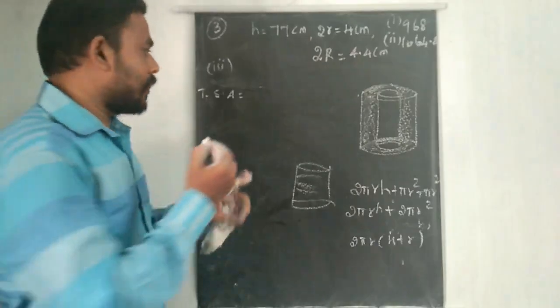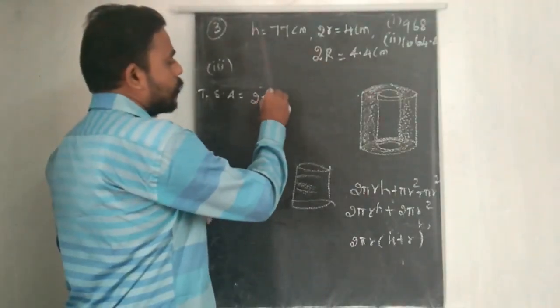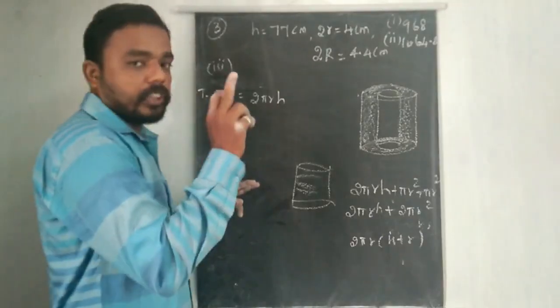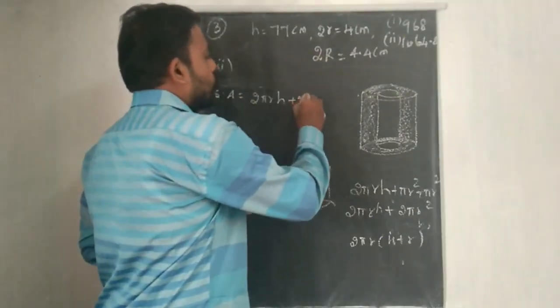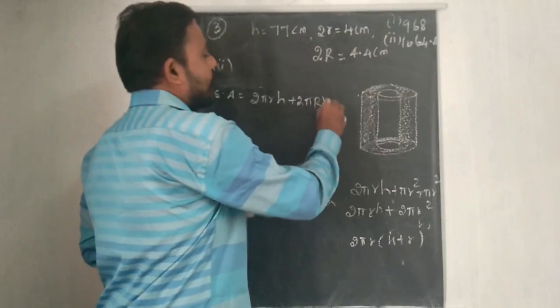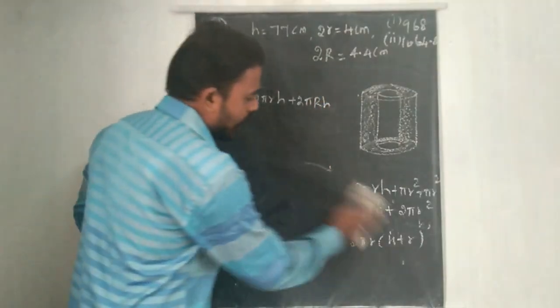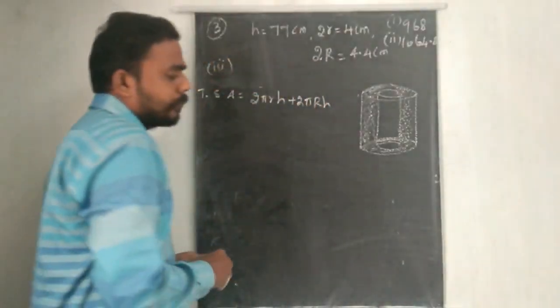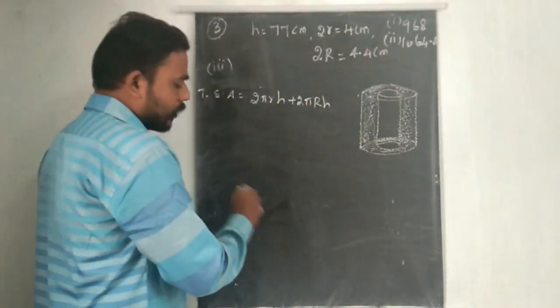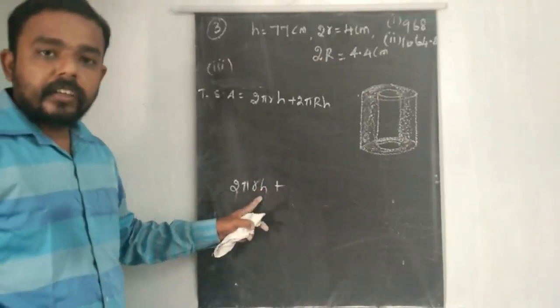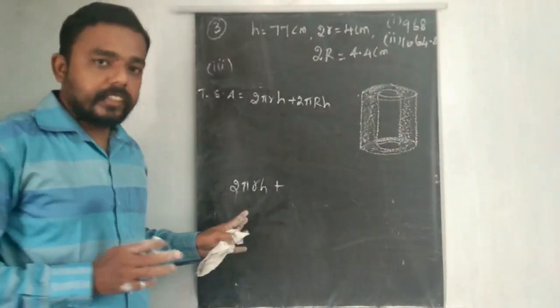Inner curved surface area is 2 pi small r into h, inner side, that is small r. This is the first answer. Then 2 pi capital R into h, this is the second answer. And coming to top and bottom, already we discussed 2 pi r into h, only one outer side we wrote in the total surface area of the cylinder.